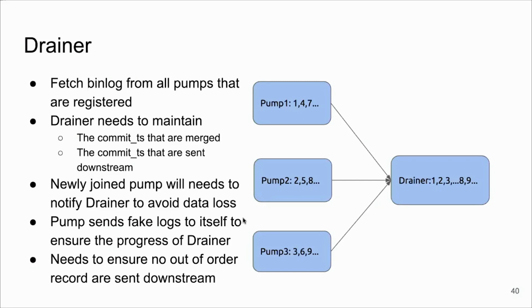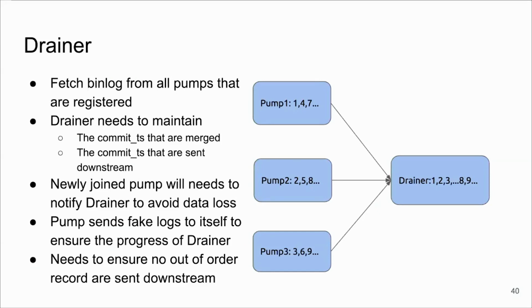I believe that because you are using this ordered log to do database recovery, you cannot really correct the order. If you send events out of order, they will be wrong forever and not corrected.